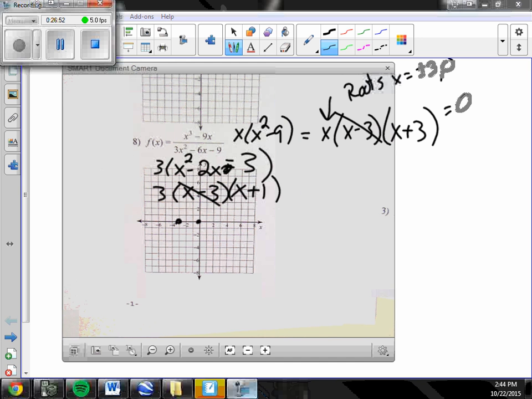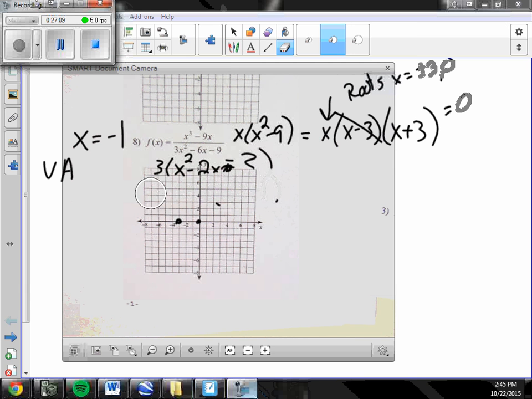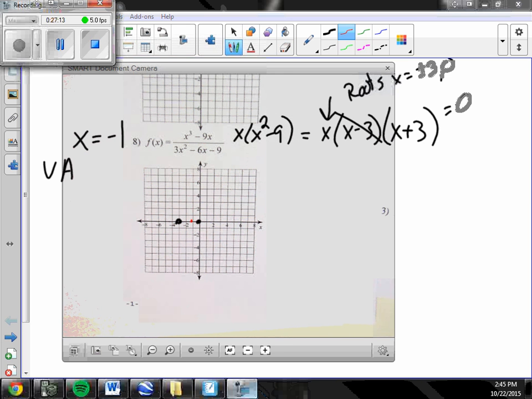It's now a hole. It's not a root. Okay, and we have a vertical asymptote at x equals negative 1. So let me get rid of these. So at negative 1, I have a vertical asymptote.